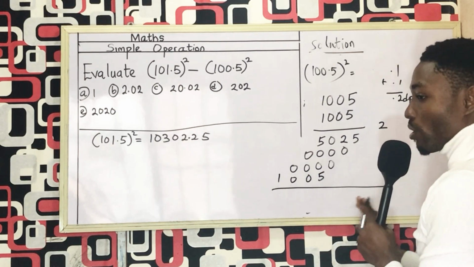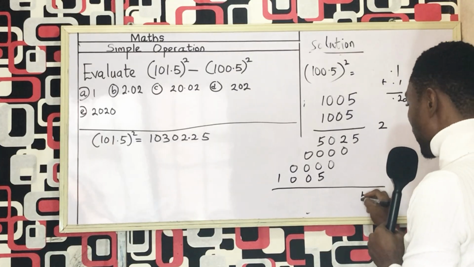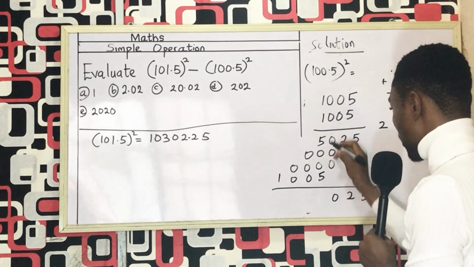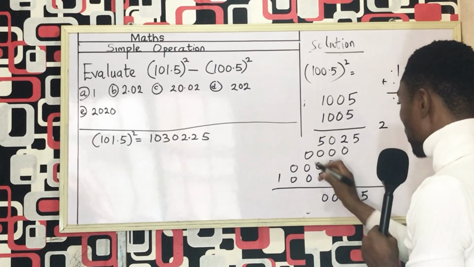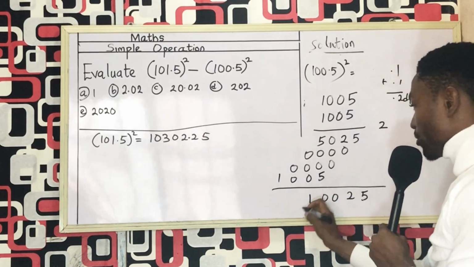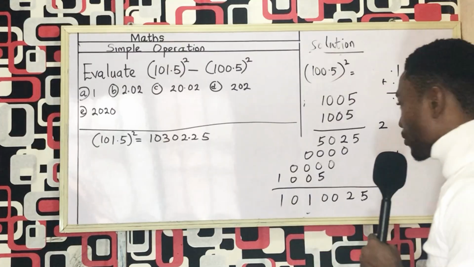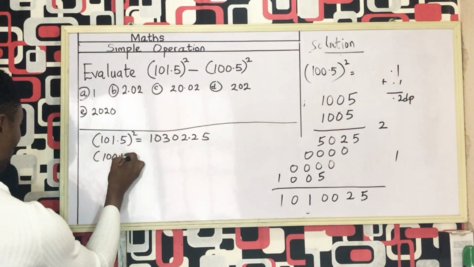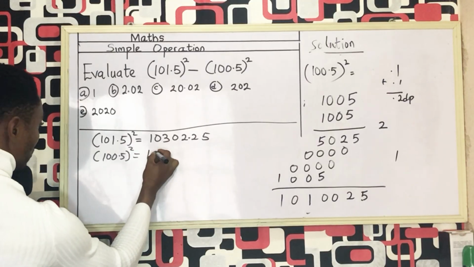When we sum them all up, we're going to have 5 here, 2 here, 0 here gives us 10. Carry 1. 0 all through plus 1, 1. Then 0 and 1. So when we did the operation for 100.5 squared, I have 1010025.